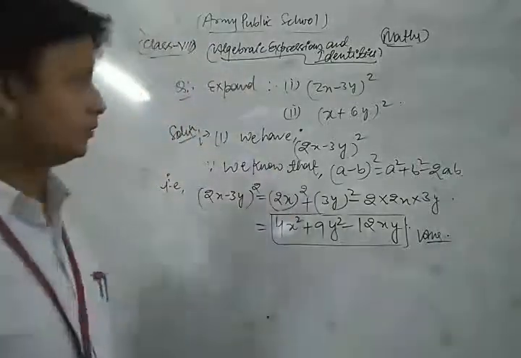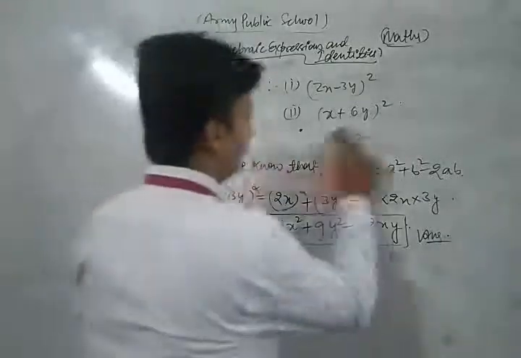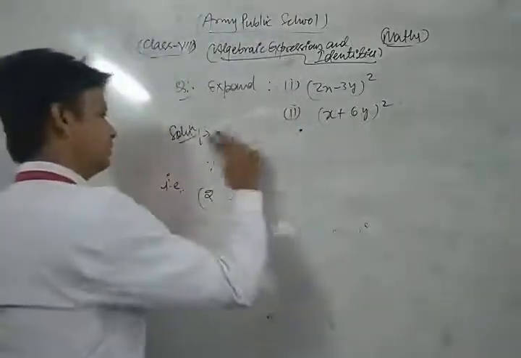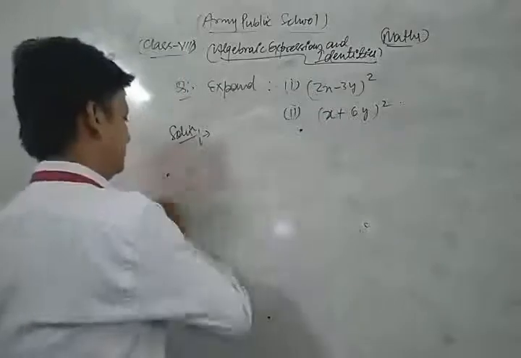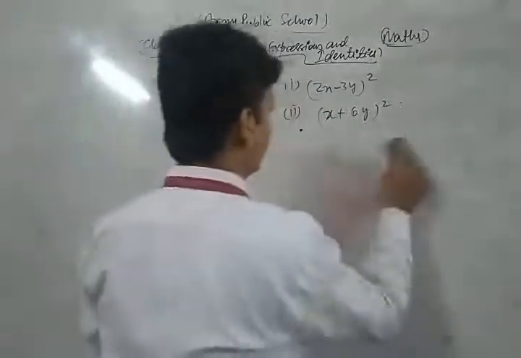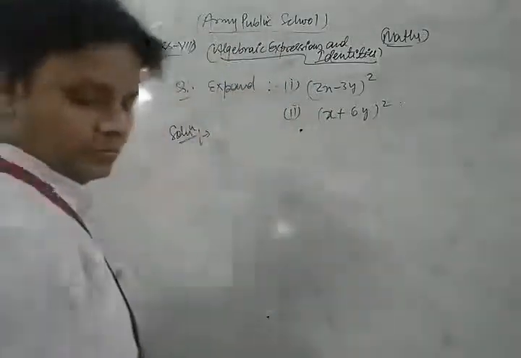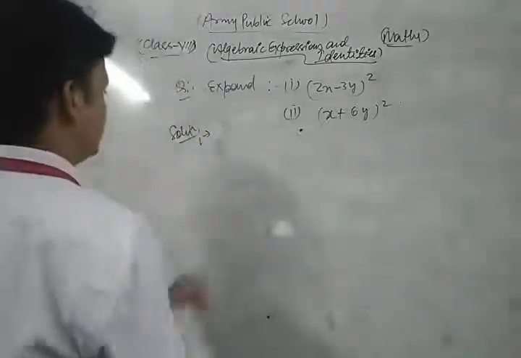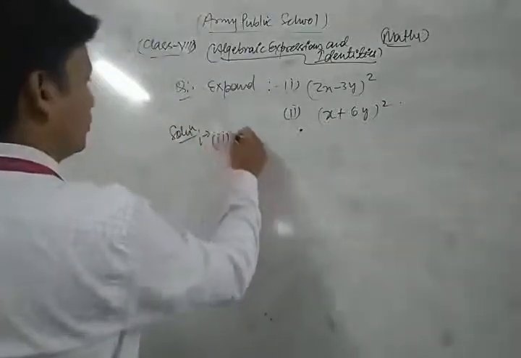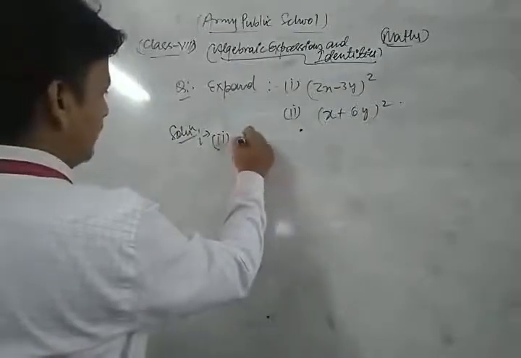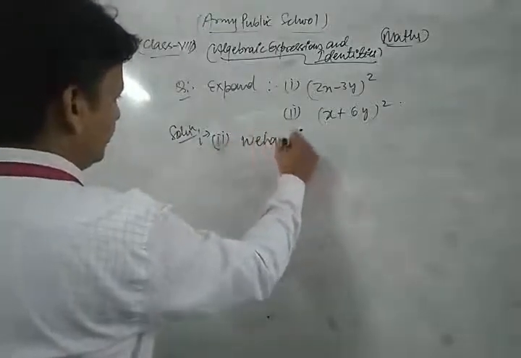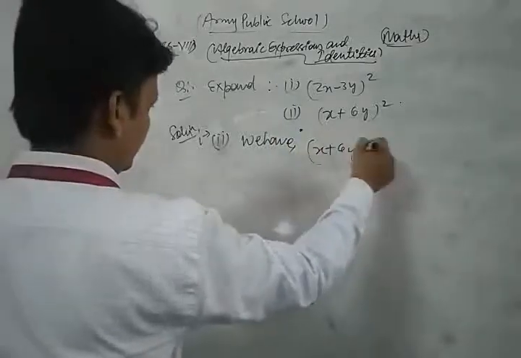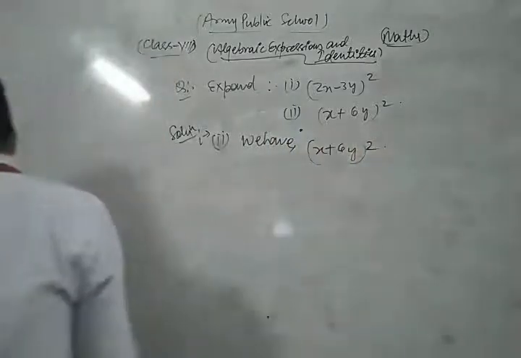Now we take and solve the second part of this question, which is (x plus 6y) whole square.